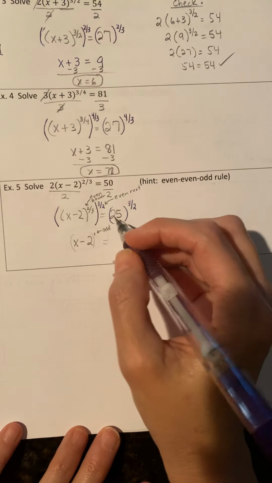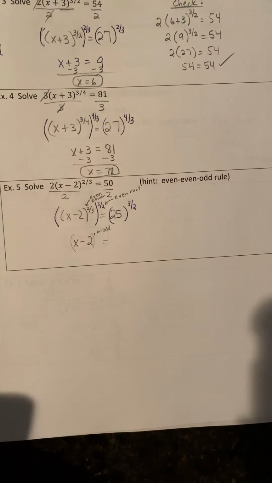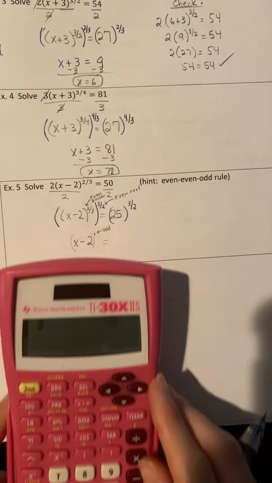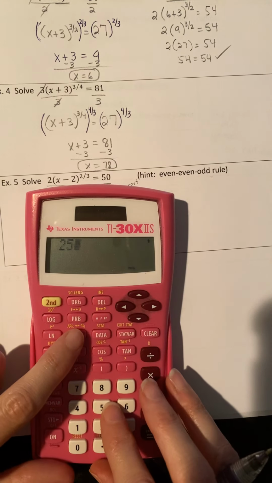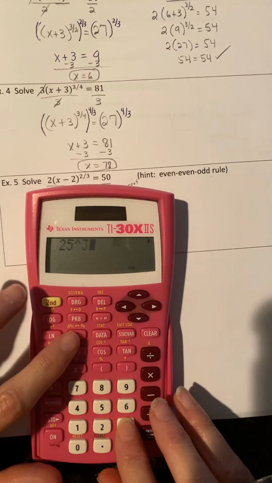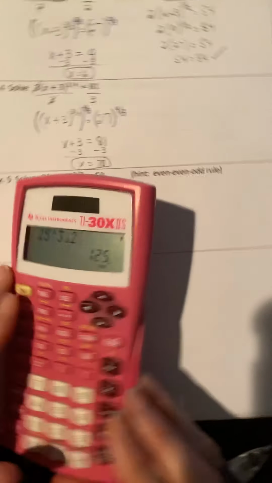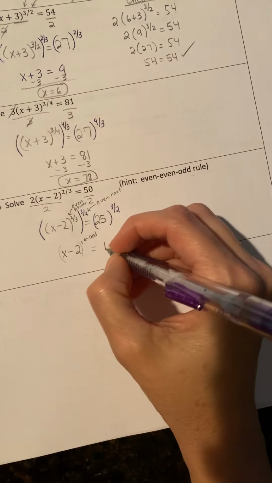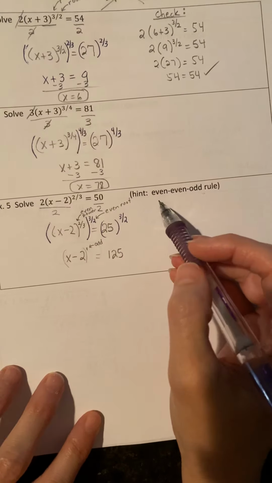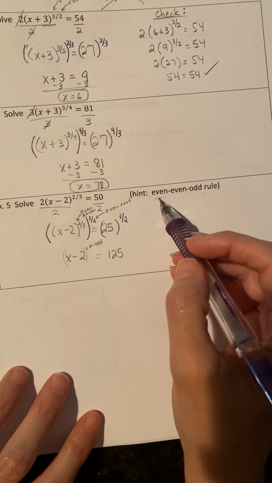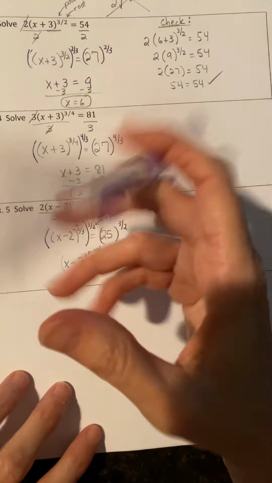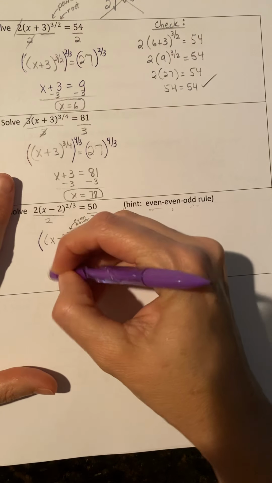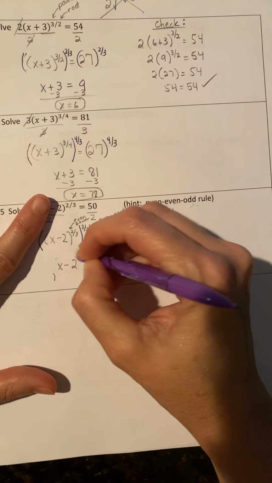And then you can punch this in a calculator if you want to. So here's what that means. 25 raised to the 3/2. You get 125. Okay, here's what that means. So a long time ago when this came up, when we took an even root of an even power and we got an odd power result, I don't know if you remember, but in the homework, we would put absolute value bars around that part.